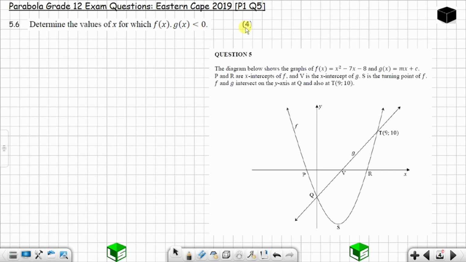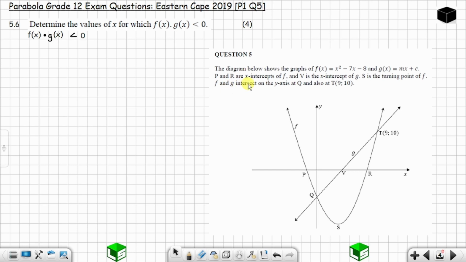The question is 4 marks. Less than 0 means negative. You are requested to find the x values for which this is going to be satisfied.